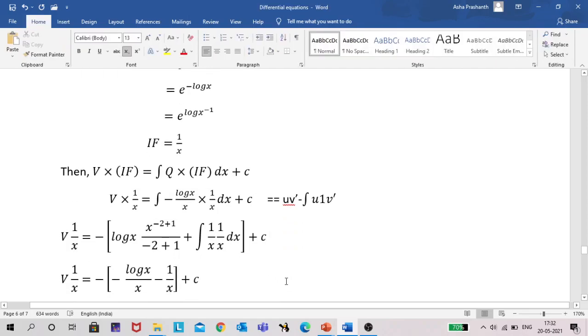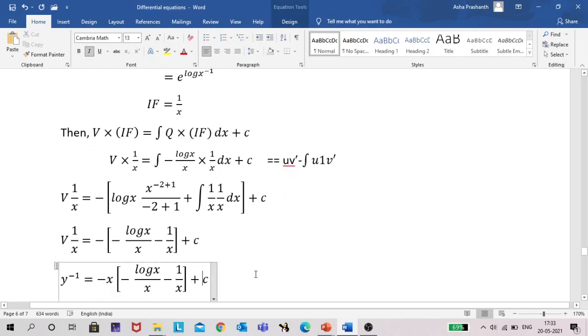Okay, in the next step, log x here, you will get minus 1 by x, right? So log x by x minus integration of 1 by x square. So 1 by x square integration is minus 1 by x plus some integral constant. So you can multiply this negative sign inside.